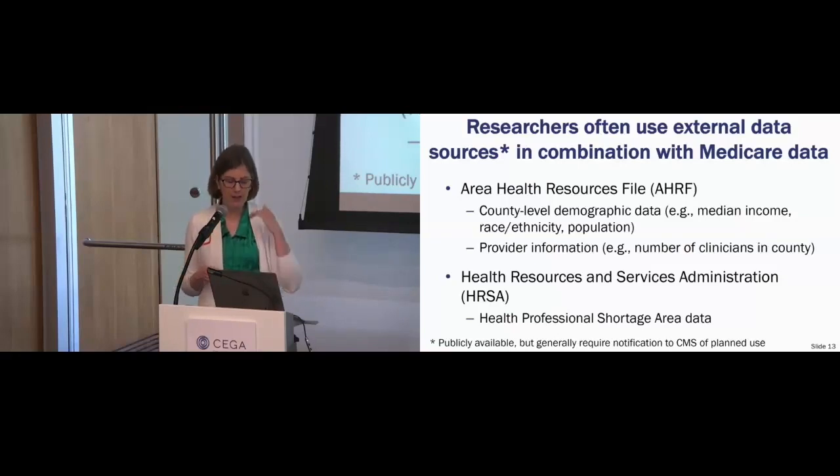Generally, and in case I forget to note this later, as part of your application to access Medicare data, you have to tell CMS that you're going to plan to merge these data in. So you have to be thoughtful in advance as to what exactly you want to do and what data sources you might want to pull in, because CMS wants to know what you're going to do.